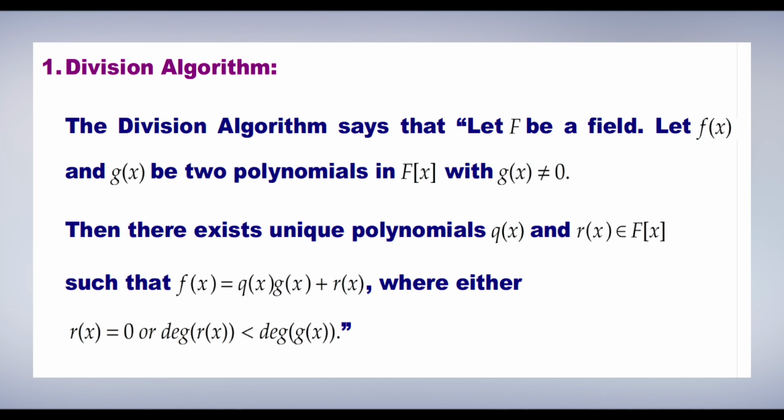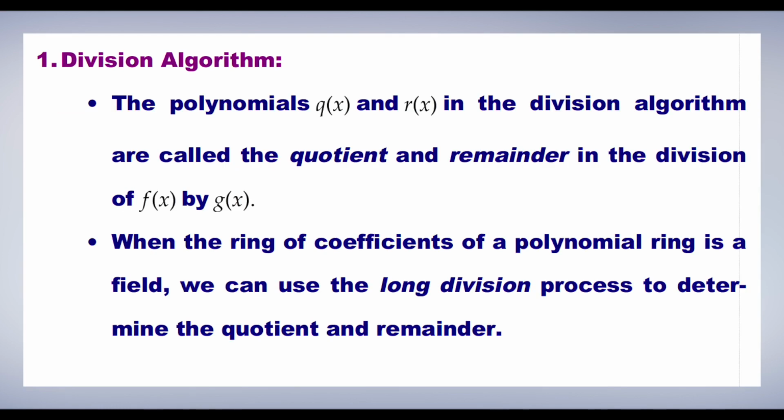Then there exist unique polynomials q(x) and r(x) in F[x] such that f(x) = q(x)g(x) + r(x), where either r(x) is equal to 0 or degree of r(x) is strictly less than degree of g(x). The polynomials q(x) and r(x) in the division algorithm are called the quotient and remainder in the division of f(x) by g(x).